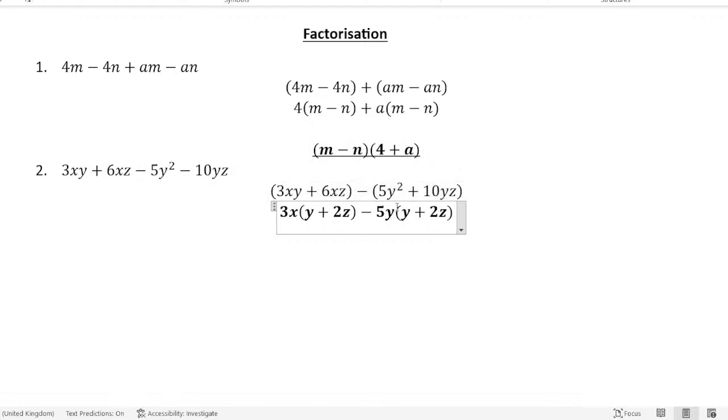We are taking out a common factor. Remember, 5 goes into 5 once, and 5 goes into 10 two times, so we took out 5. Then there's y here and there's y here, so when you take out y, we'll be left with y here and 2z here. I hope you are following.